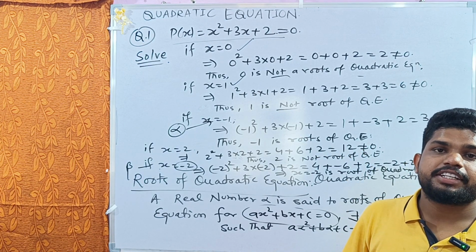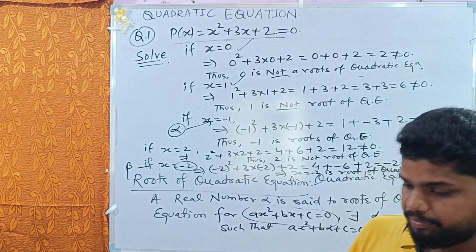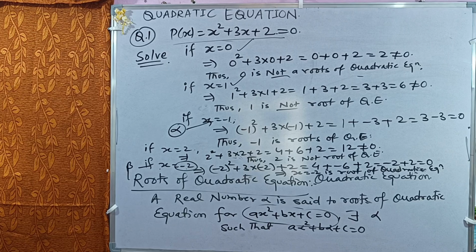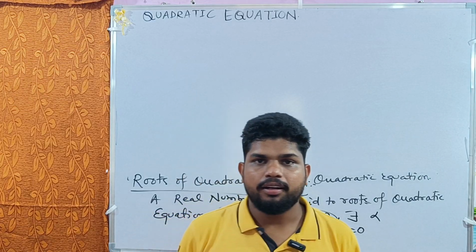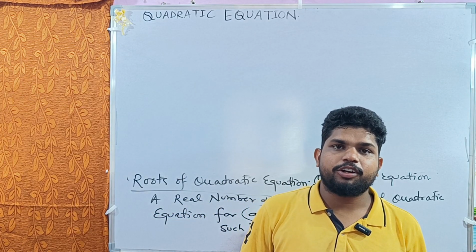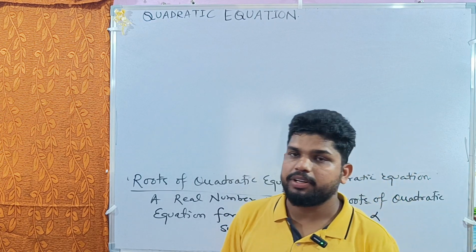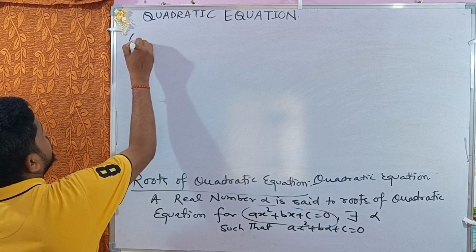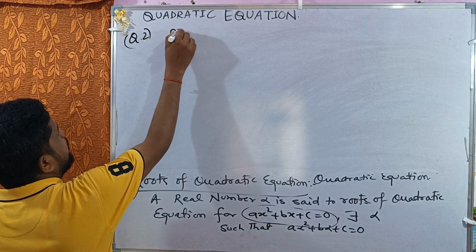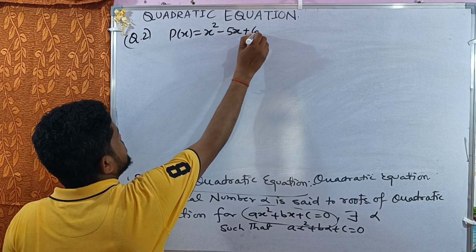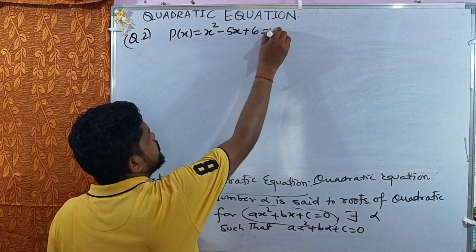Now dear students, in order to understand the roots of the quadratic equation, we are taking another example, which is p of x equals x square minus 5x plus 6, which is equal to 0.